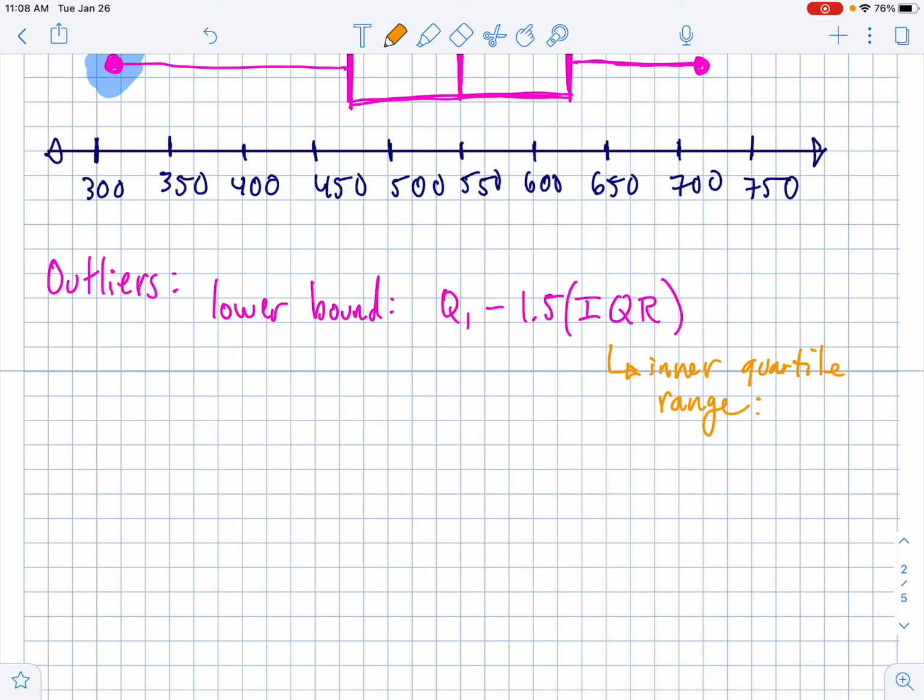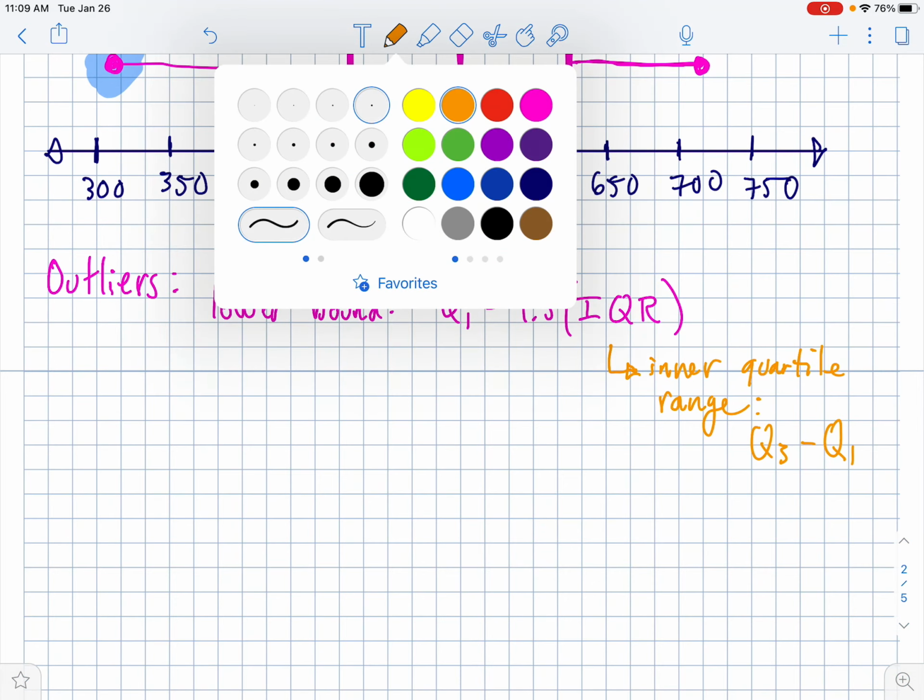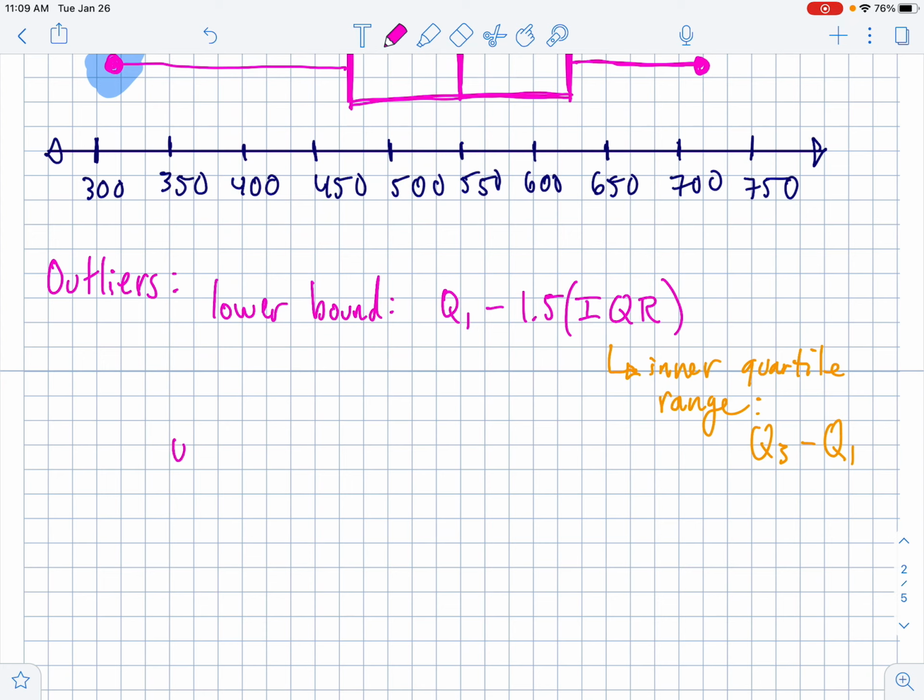So the inner quartile range is Q3 minus Q1. The upper bound is Q3 plus 1.5 times the IQR.